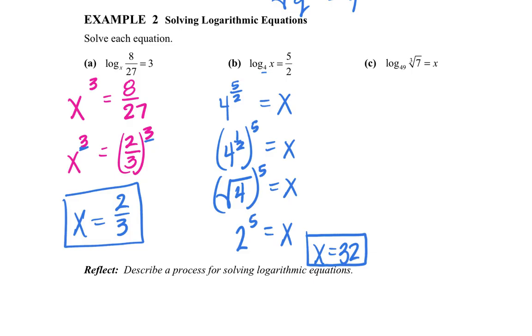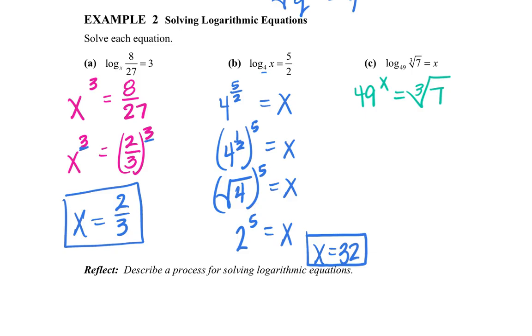So anytime you can turn an exponent into a square root, where you get something to the 1/2, where you can make it a square root, sometimes it makes it a little easier. All right, this next one here, we have 49 to the x equals the cube root of 7.